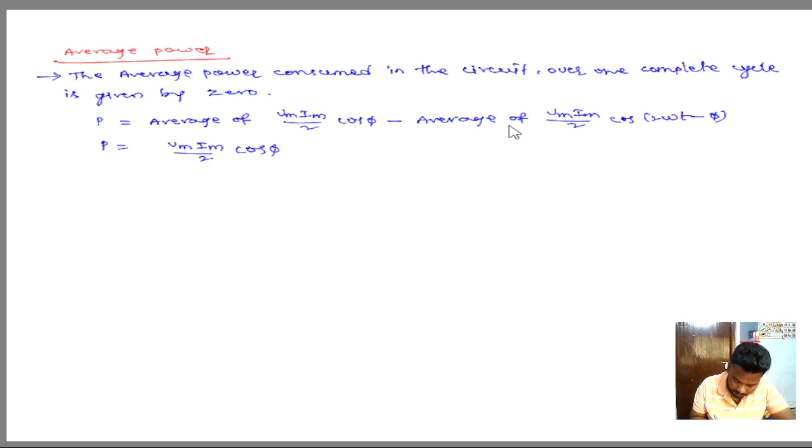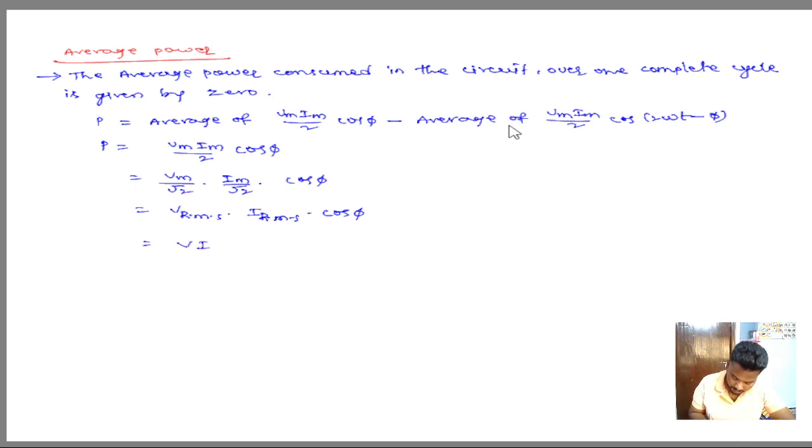Therefore I am writing this as Vm by root 2 and Im by root 2 into cos phi. We know that Vm by root 2 is Vrms and Im by root 2 is Irms. Therefore it is Vrms into Irms into cos phi.